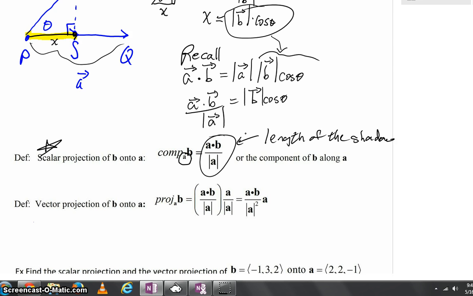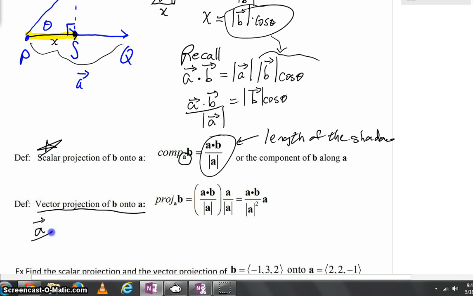Now, of course, there's a world of difference between having just a length and having a vector itself. And that's why we're going to talk about the vector projection, not a scalar. The scalar projection is just one mathematical measurement without direction. A vector will also have direction to it. So we're still going to have this length of the shadow. But notice what we do.